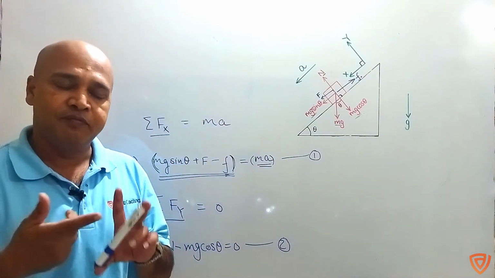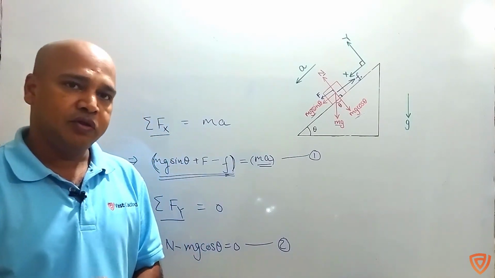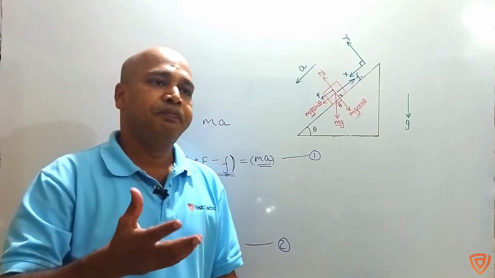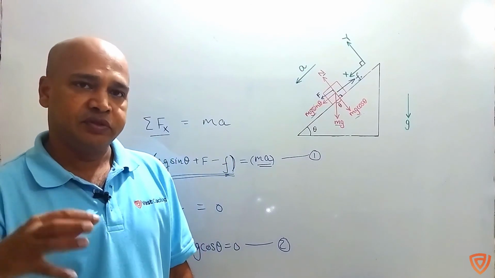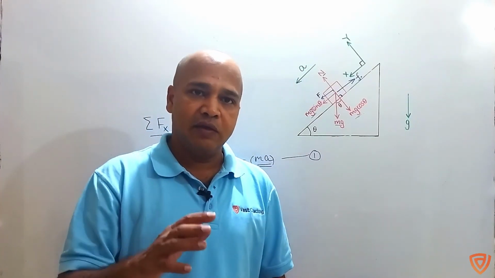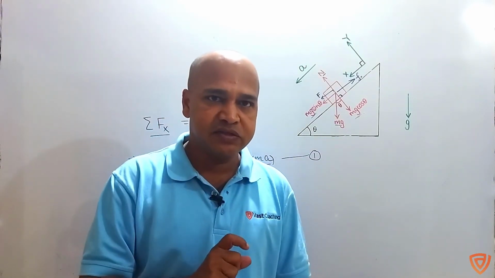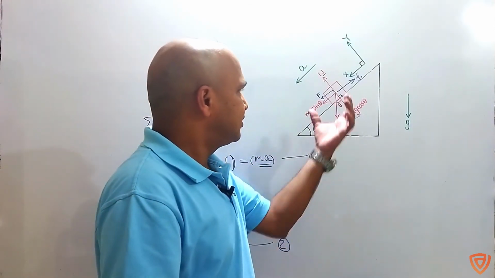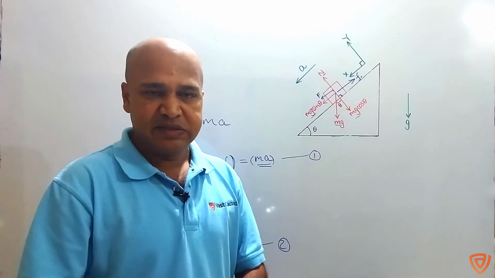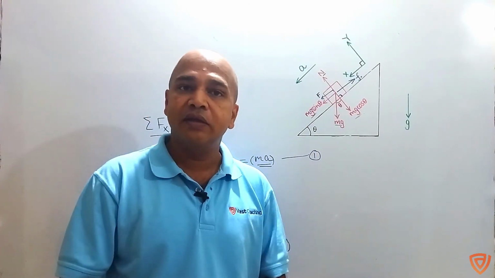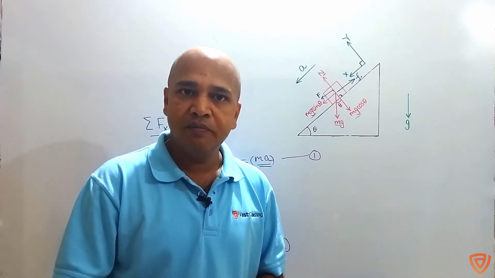So the steps to draw the free body diagram and then finally make the equation, I will just reiterate. First we have to identify the system. In this case the system is the block. Secondly, we have to identify the forces acting on it.